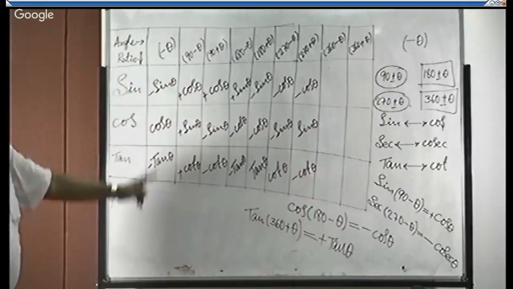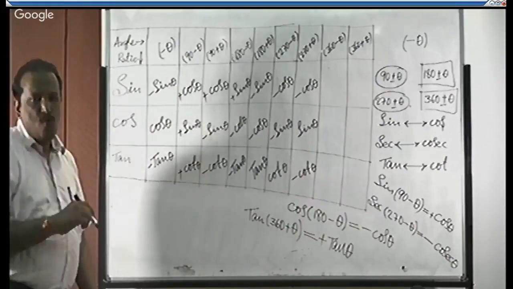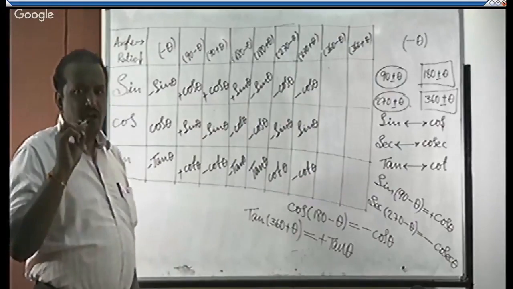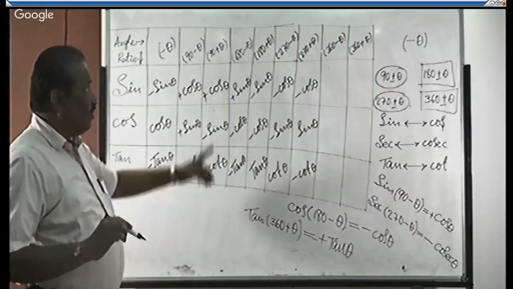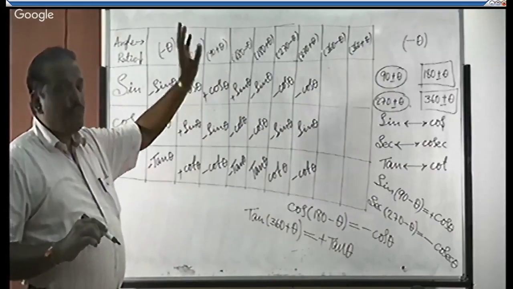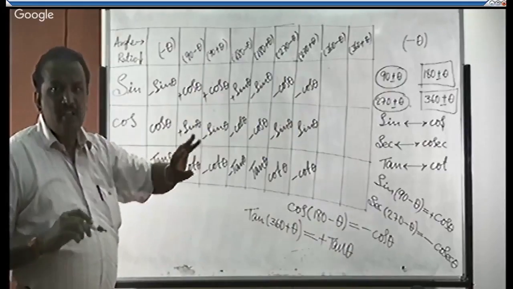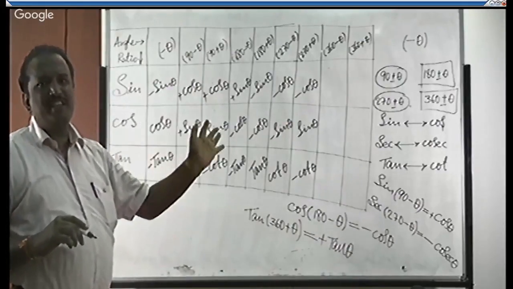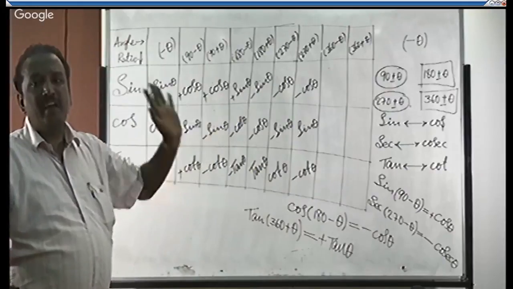Then 360 minus theta now. 360 minus theta, we all know, is also coming under the fourth quadrant, where cos and secant are positive and all others are negative. So according to our convention, if you connect any trigonometric function to 360 minus theta, whatever trigonometric function is on the left hand side, the same should be on the right hand side.